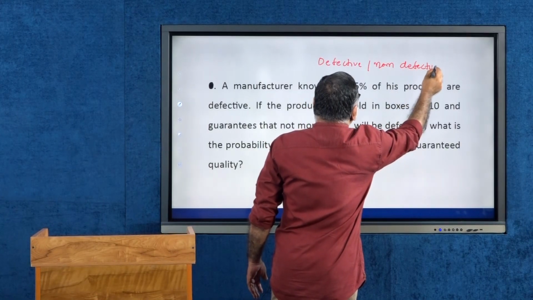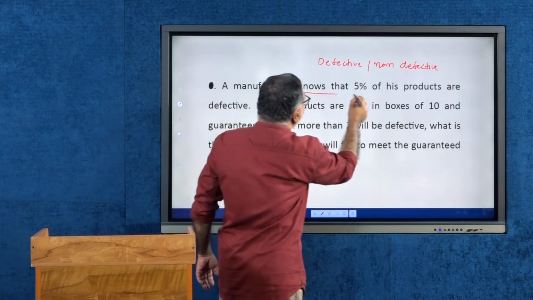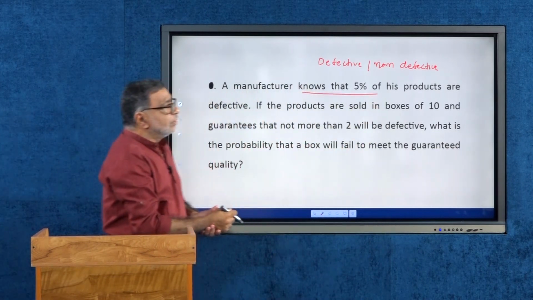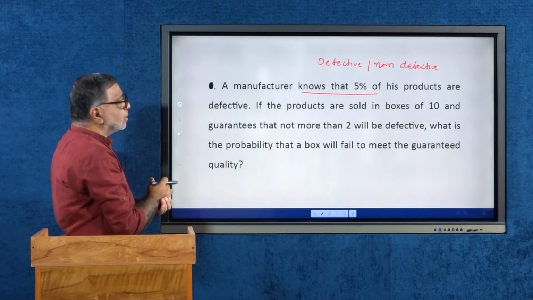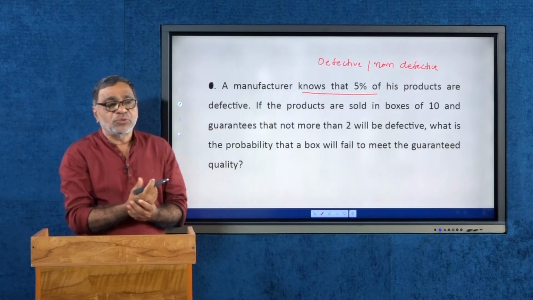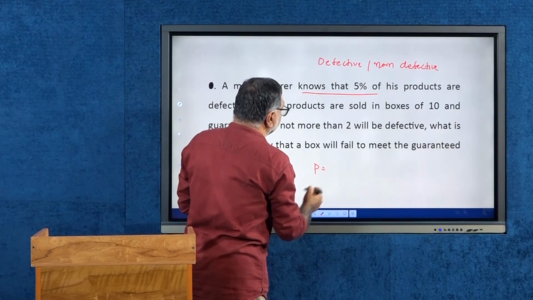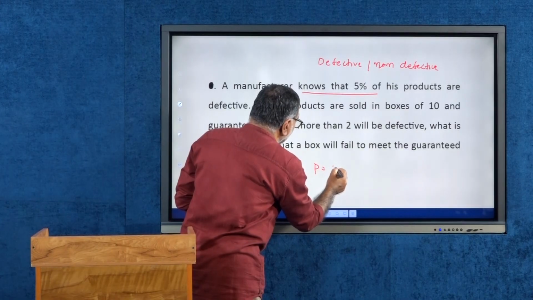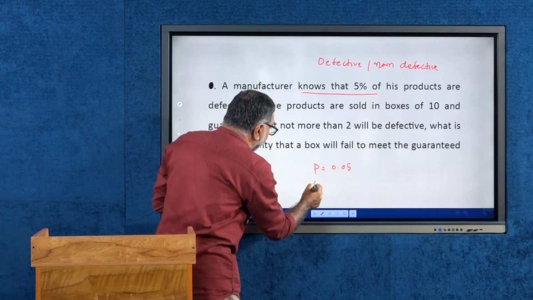And the probability, from the previous knowledge, the manufacturer knows that 5% of his products are defective. So, p is equal to 5%. That means the probability of getting a defective is 5%, or 0.05. Our random variable is defined as X, the number of defectives.